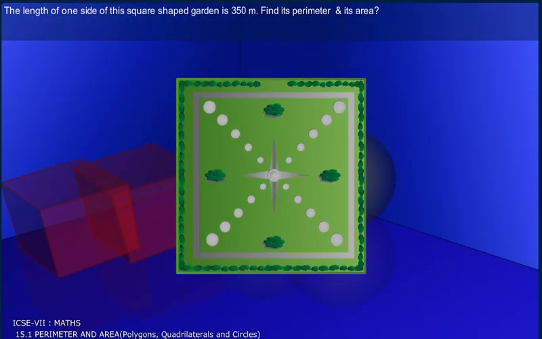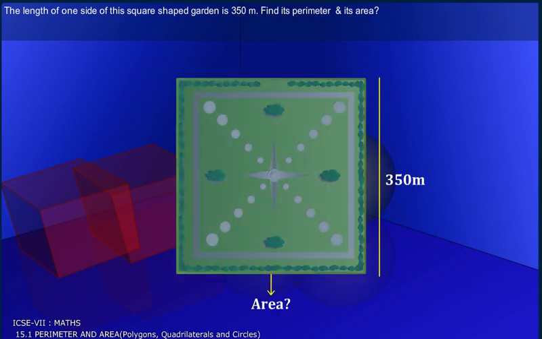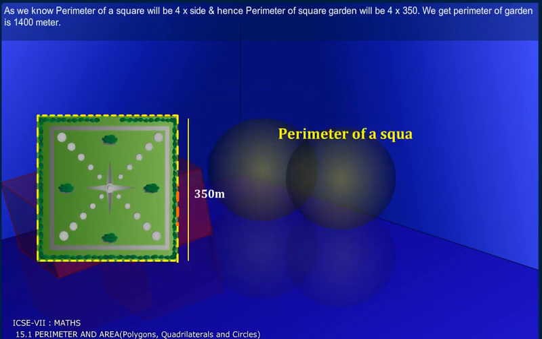The length of one side of this square-shaped garden is 350 meter. Find its perimeter and its area. As we know, perimeter of a square will be 4 into side, and hence perimeter of square garden will be 4 into 350. We get perimeter of garden is 1400 meter.